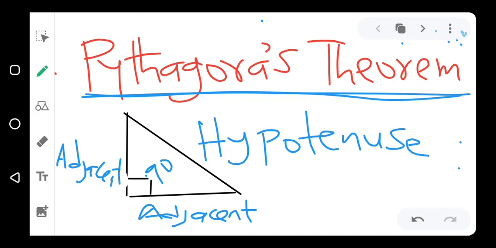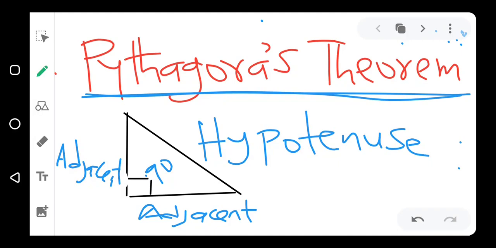In a right-angled triangle, there is a side called the hypotenuse and other sides are called adjacents. We've said that in a right-angled triangle, one of the angles is 90 degrees.